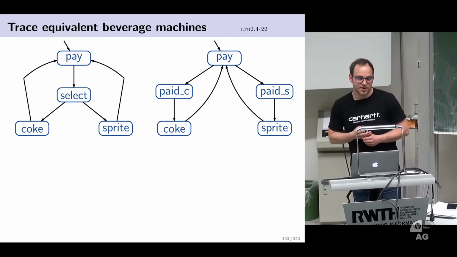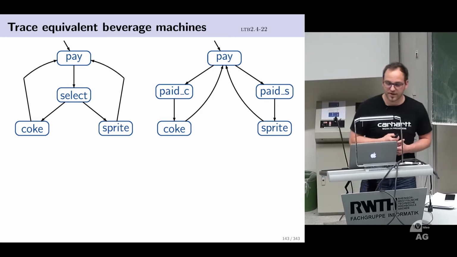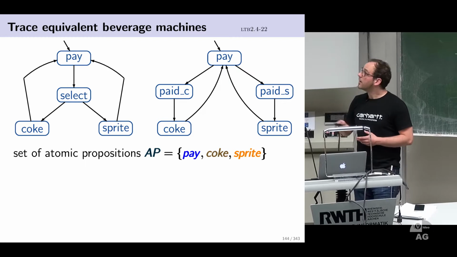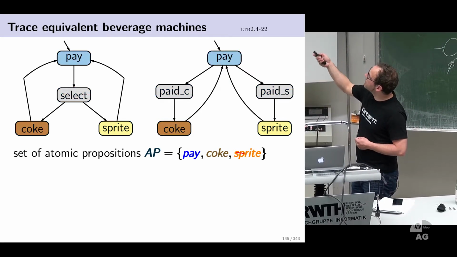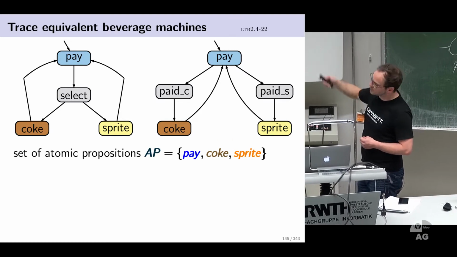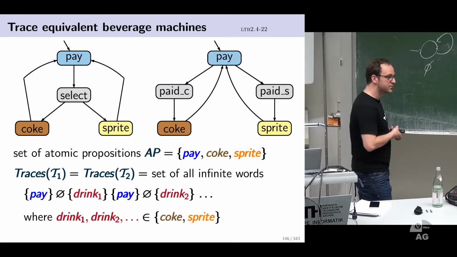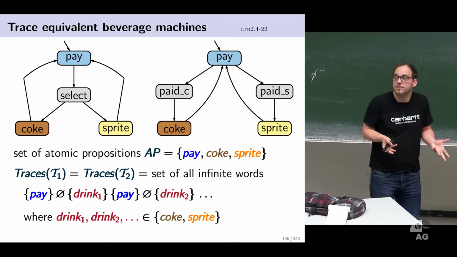Okay, let's look at our beverage vending machines. I already hinted at that in the beginning of the lecture: when we choose some set of atomic propositions, in this case pay, Coke, and Sprite, so it corresponds to this labeling of the states, then the traces of these two transition systems are the same. They are not distinguishable.